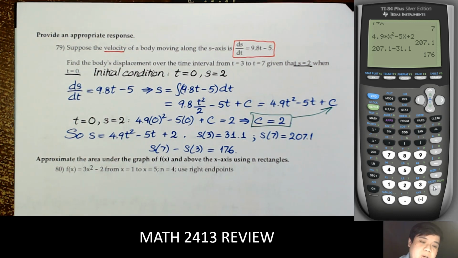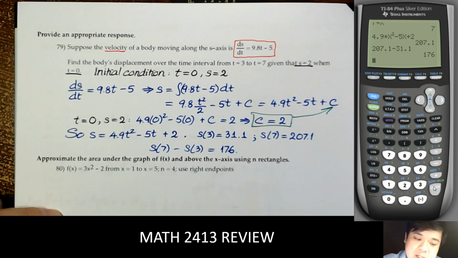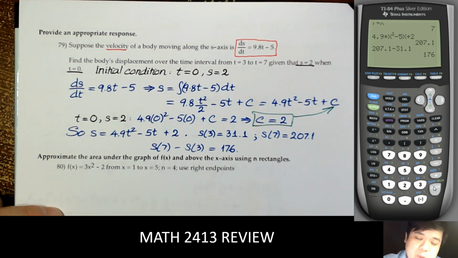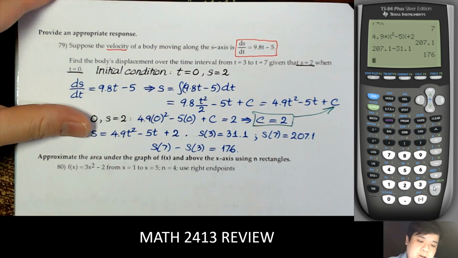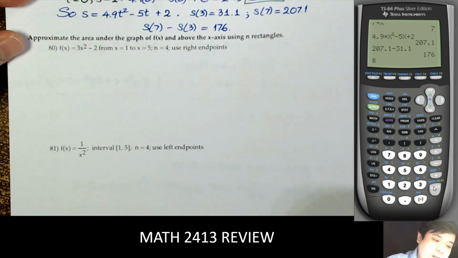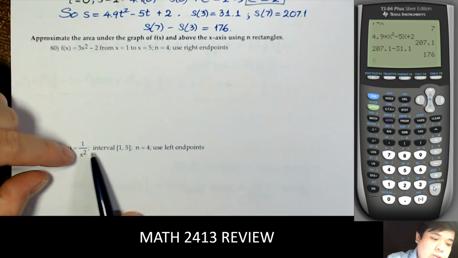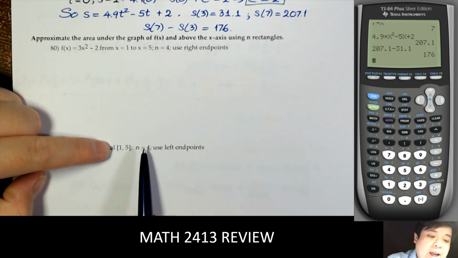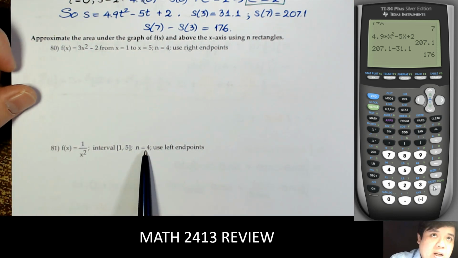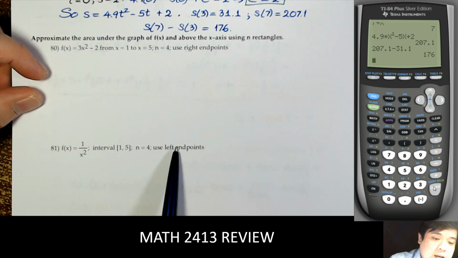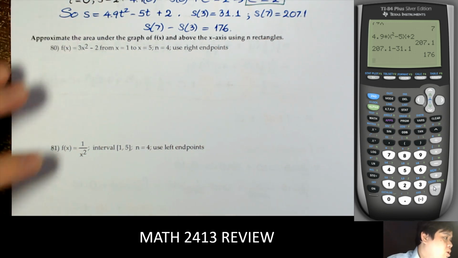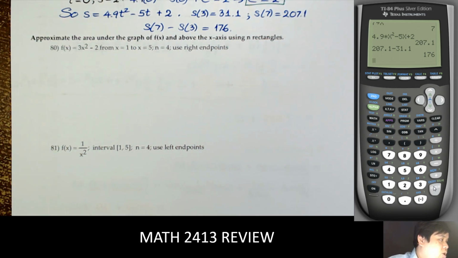Right. Next we have a couple of random sum problems. I'll let you do number 80. I'm only going to do 81 here. Right. So we'll go from 1 to 5 and divide that into 4 rectangles, and we use the left-hand endpoint. So just generically, I'll go from 1 to 5.